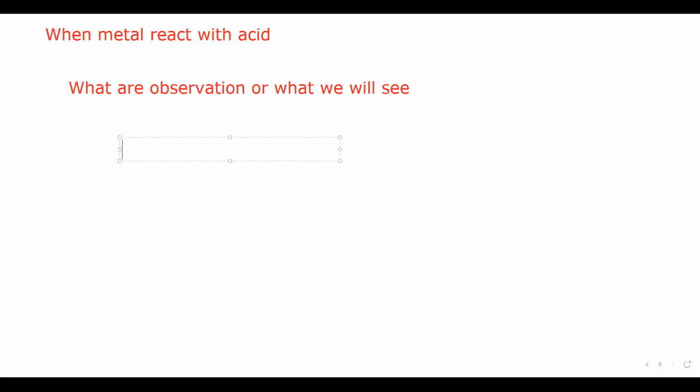So the state of the metal: all the metals are solid at room temperature except mercury. We are mixing with acid. Acids are normally solutions, mixed with water. So the state of the metal is solid, and the state of the acid is aqueous.